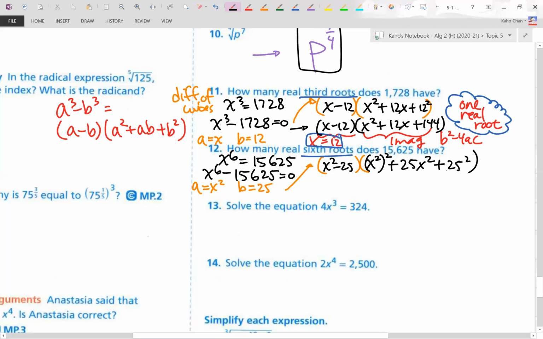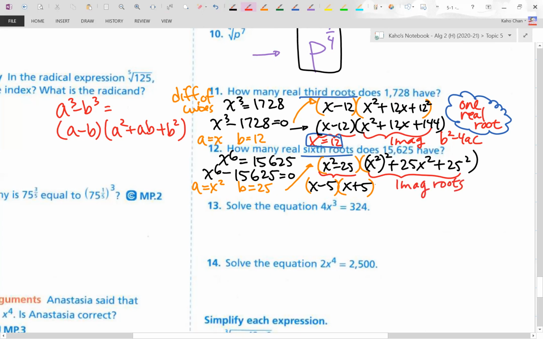Okay? Pretty nuts. Oh, wait, look at this. X squared minus 25 is another difference of squares. Holy cow, that breaks down. Unbelievable, Mr. Chan. This is the most lengthy lecture in our Algebra 2 career. The other one's imaginary. Trust me.